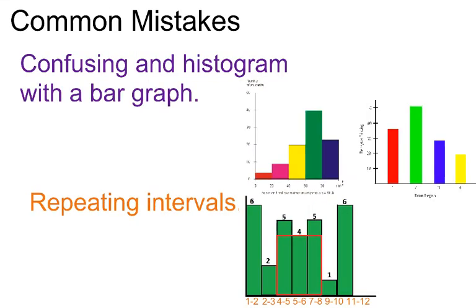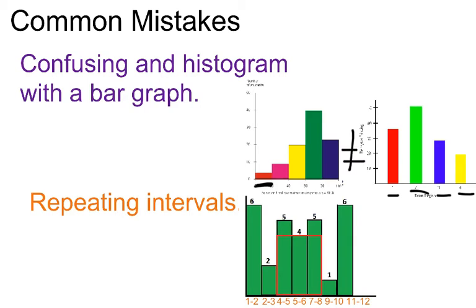Some common mistakes to avoid are confusing a histogram with a bar graph. There's a big difference. With a histogram, we're talking about intervals, for example, 0 to 20, and then 21 to 40, 41 to 60, or 0 to 19, I should say, etc. And then, again, a bar graph is usually one representation of numbers and how often that number occurs.